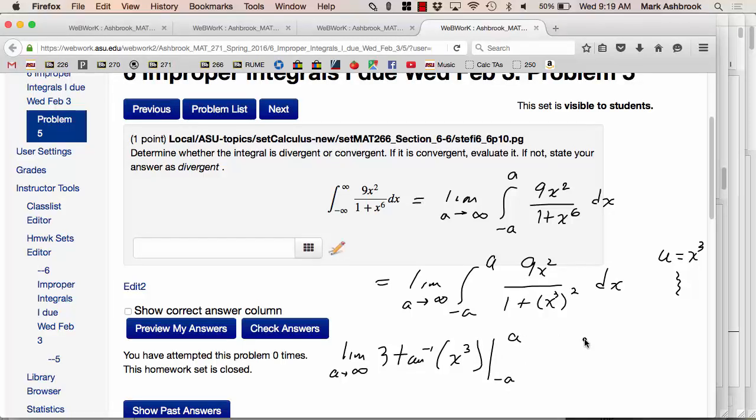So now we've got to evaluate this. From negative a to a, the inverse tangent of x cubed, which is the limit as a approaches infinity of 3 inverse tangent of a cubed minus 3 inverse tangent of negative a cubed.